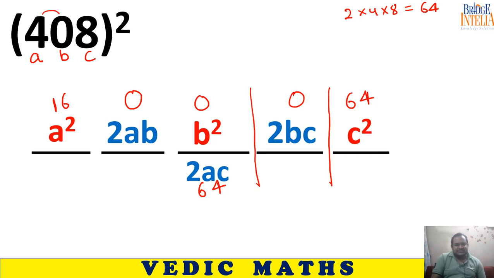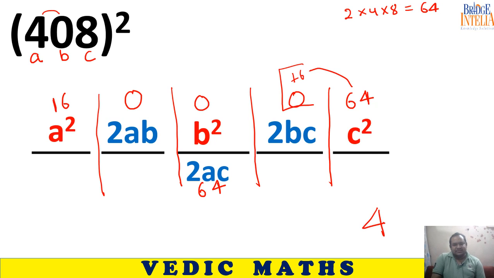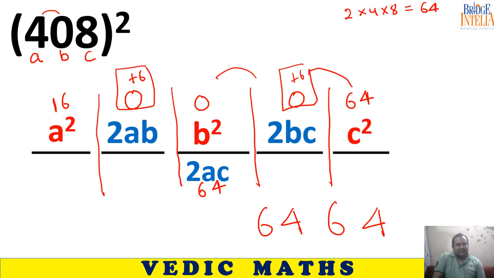Then finally what do we do? We convert this into single digits. So there are 5 columns. We have to convert each column into single digits. So 64. So write only 4 here. 6 is carried forward. So 6 plus 0 is equal to 6. Now here 0 plus 64. So 64. So you can write only 4 here. Carry forward 6. So 6 plus 0 is again 6. So write 6 here. And finally you have to write 16 as it is.